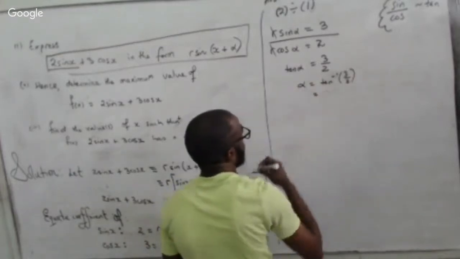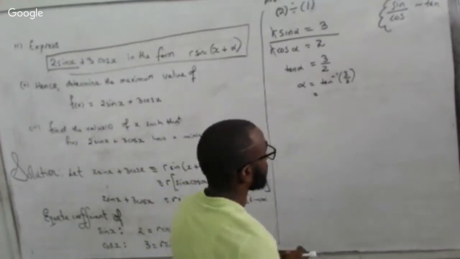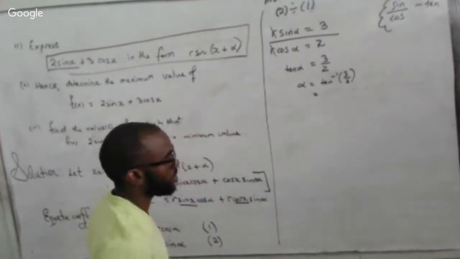What is that, guys, to 1 decimal place, if I'm dealing with angles in degrees?